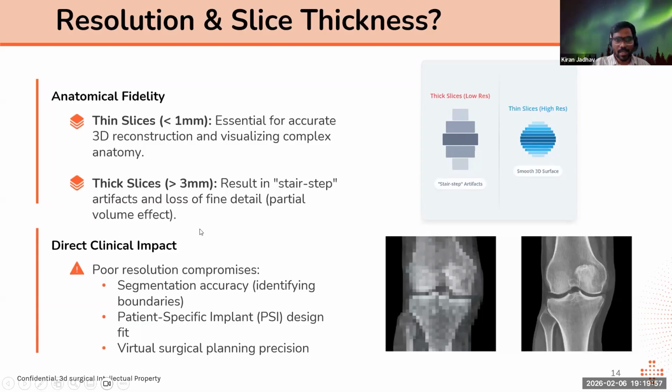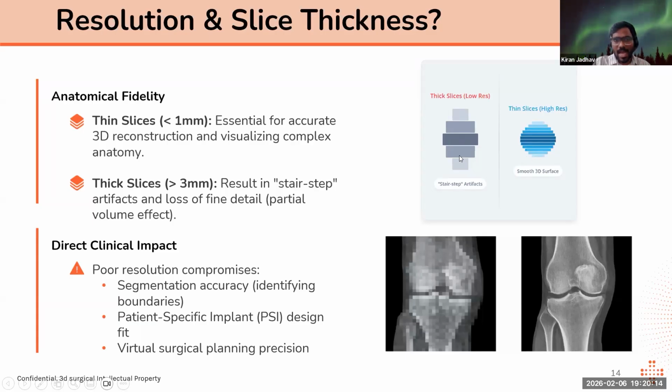So here you can see the example. If the slice thickness of the particular scan is less than 1 mm, and we try to cover the boundary of this particular 3D surface, it will be smooth.